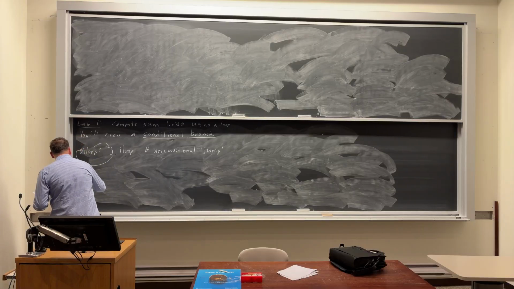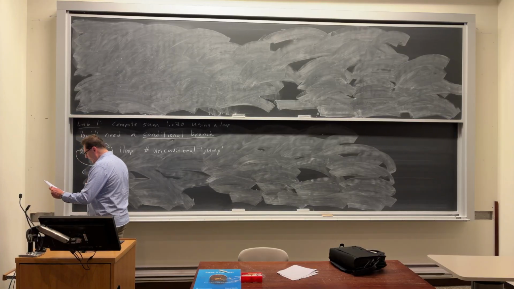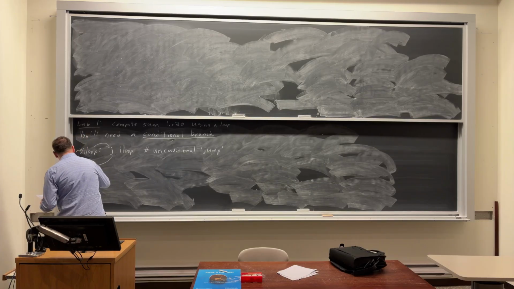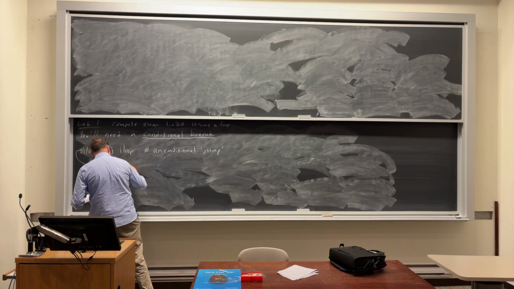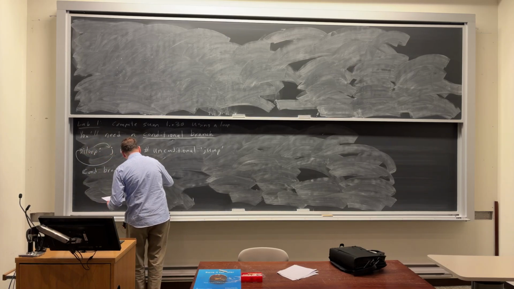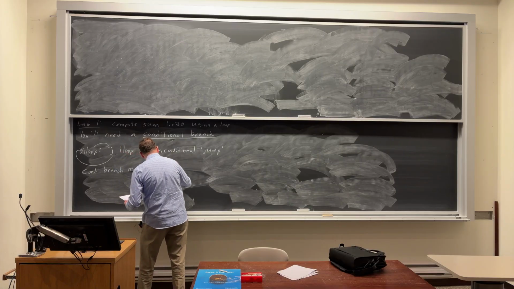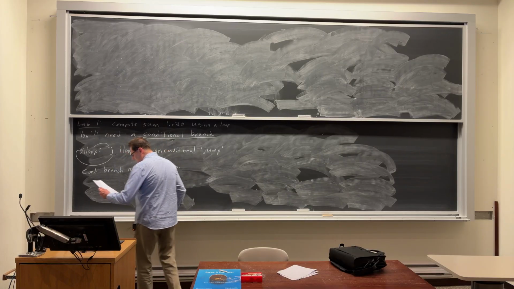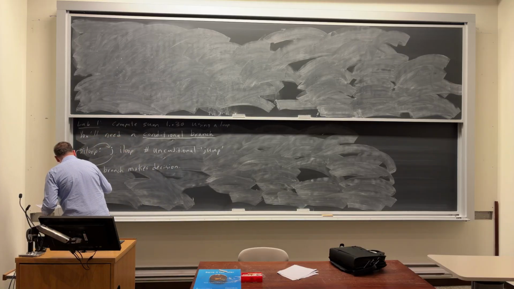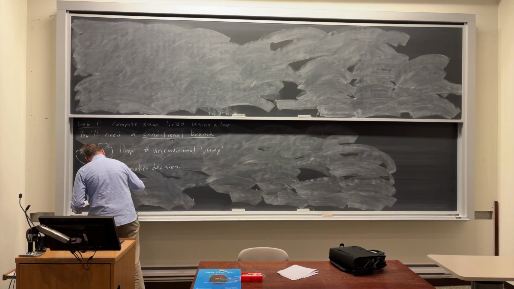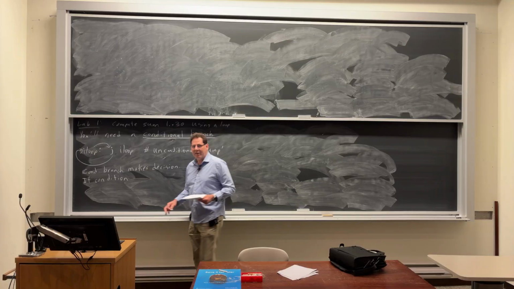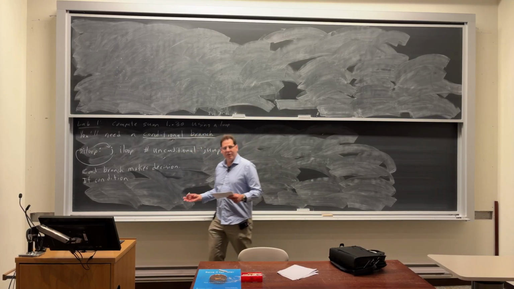Okay, so a conditional branch makes a decision on what to do next. It checks a condition, and the condition it checks compares two registers.